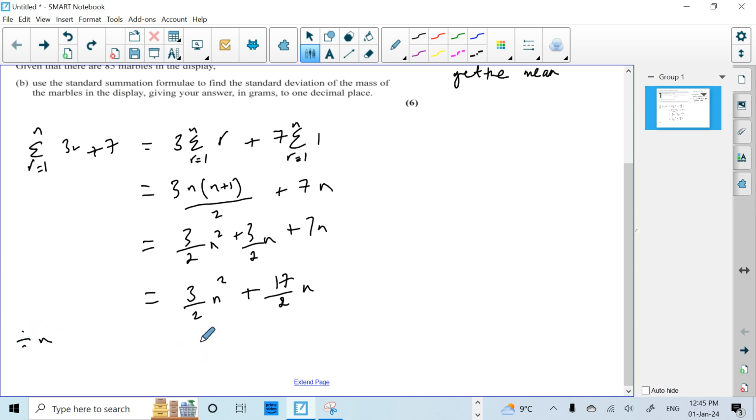This gives me 3 over 2 n squared plus 17 over 2 n, divided by n.